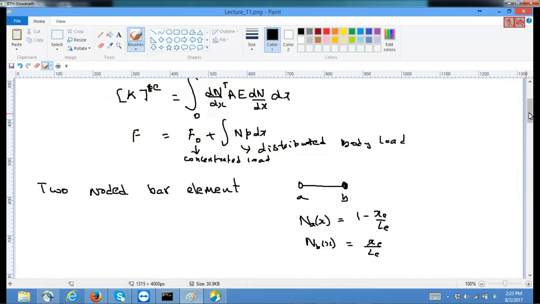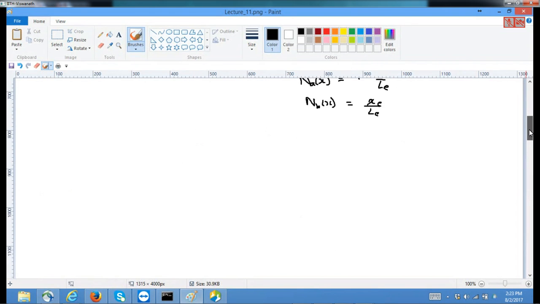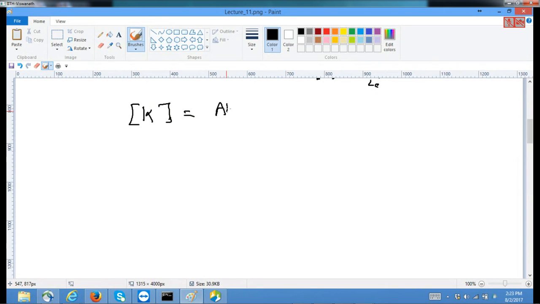We showed that our K is defined as A_e E_e by L, times the matrix [1, -1; -1, 1], and we used this as our element stiffness matrix.